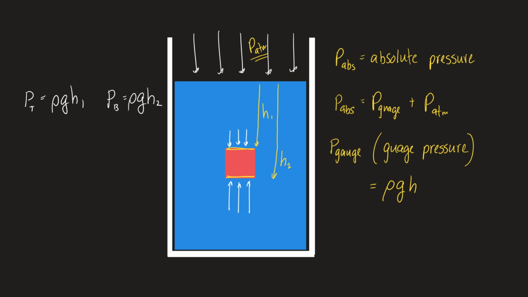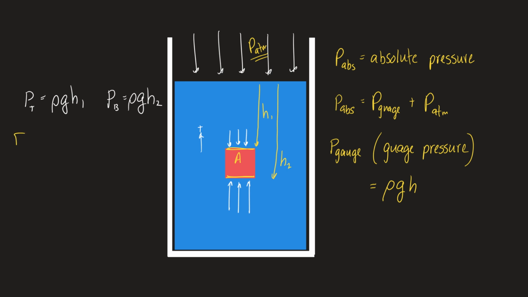We all good? Okay, it's going to get a little complicated. I'm going to make up the positive direction. And I'm noticing that my object is experiencing two pressures, a pressure at the bottom and a pressure at the top. I know things about forces, so I want to convert this to a force on the top and a force on the bottom. And I'm going to say the top and bottom have the same area, A.